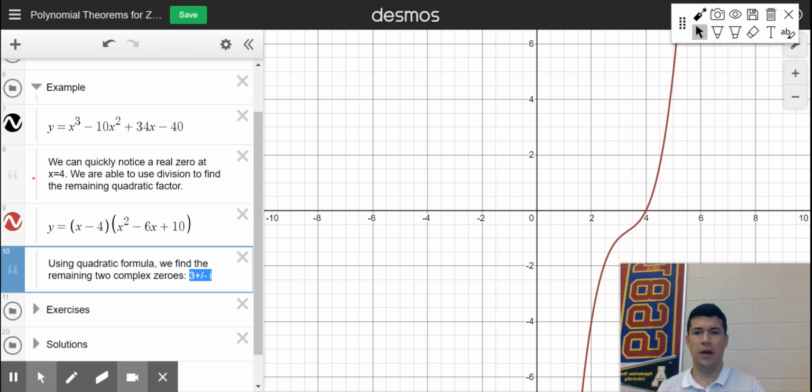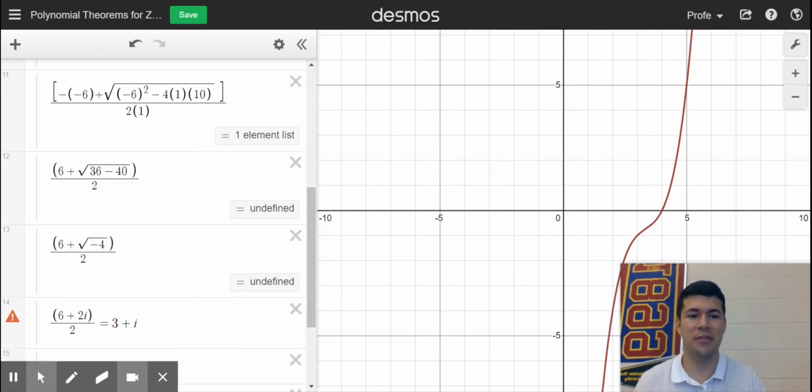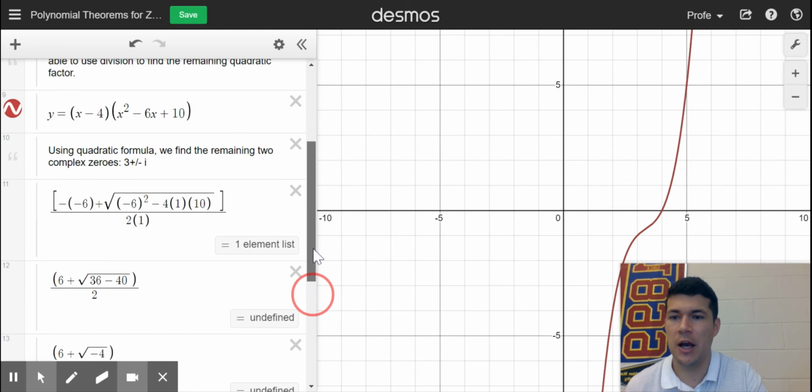Let's get a quick visual on how the quadratic formula would work out for that. Anyway, choppy video, I apologize. Here's the use of the quadratic formula. To find the remaining zeros, I basically need to use a equals 1, b equals -6, c equals 10.